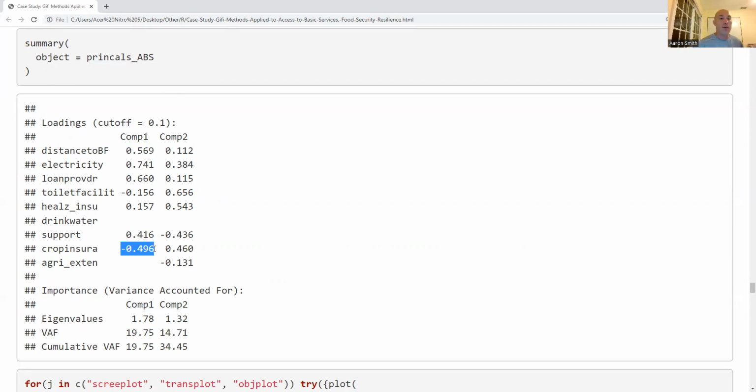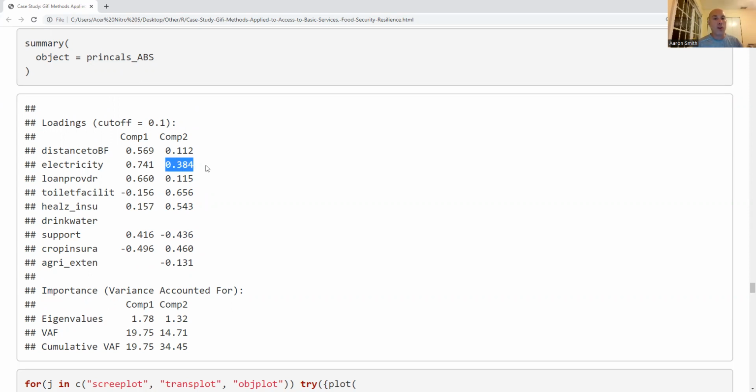All right. Now the second component, so here I feel like this has the same interpretation as the first principal component. Now when it comes to the second principal component, toilet facilities coming up very heavily, then health insurance, all right. Then we have support, but going in the opposite direction.